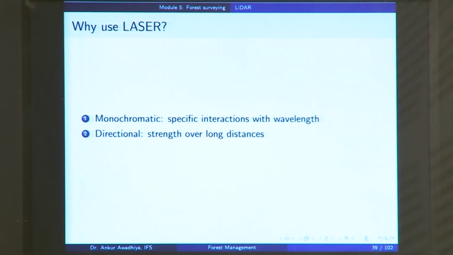Because of two reasons. One, it is monochromatic, and so you can note down specific interactions with different wavelengths. So, for instance, if you have an object that is red in color, so in that case if you use a red colored laser, then all the light will come back. If you are using a green laser, then the light will get absorbed. So, just by using different wavelengths, you can understand the color of the object.